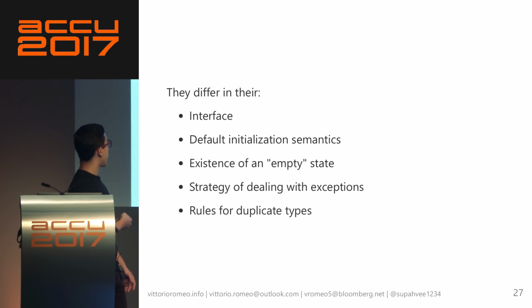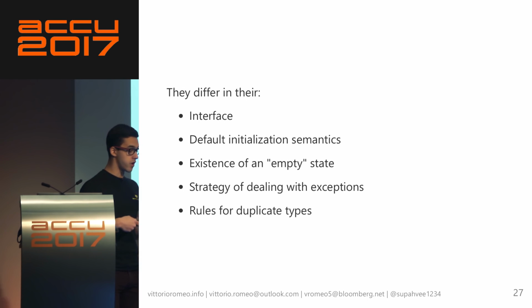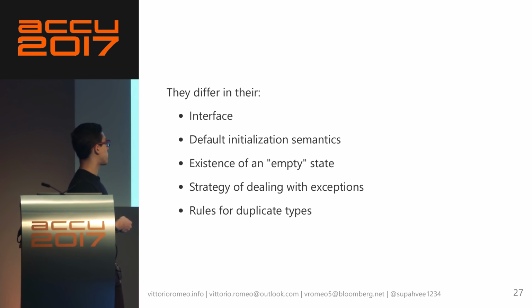Some of them might have an empty state. Some of them might try very hard not to have an empty state. Some of them deal with exceptions in different ways, and some of them allow you to have duplicate types. So there are minor differences, but the idea is still the same, to represent this kind of sum type in a type-safe manner.